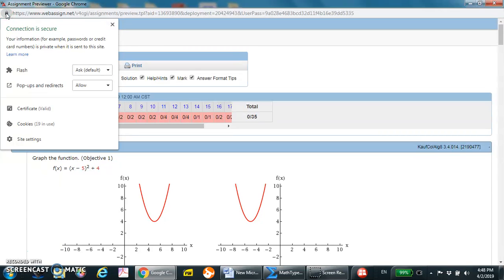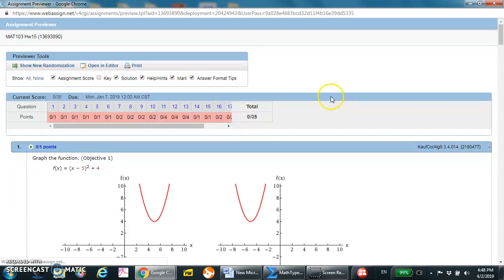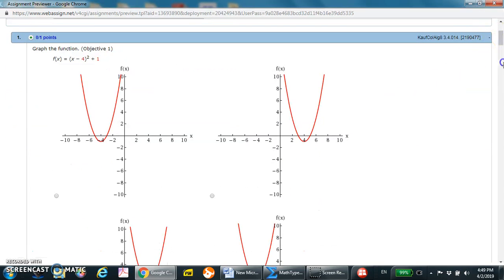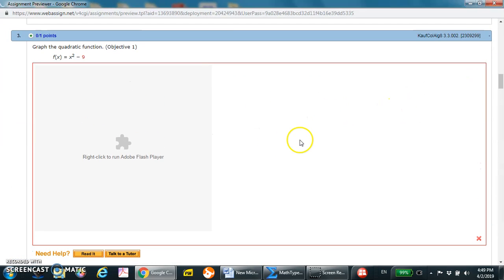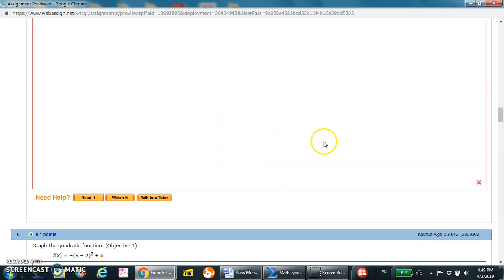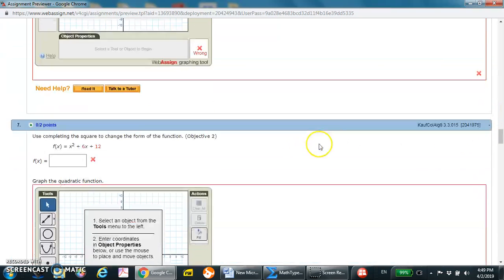You click the right key and it will pop out this window, and then you change the option of Flash to null, and you close this, and then you click on this to reload your page and wait for a second. And then the graphs should be shown.